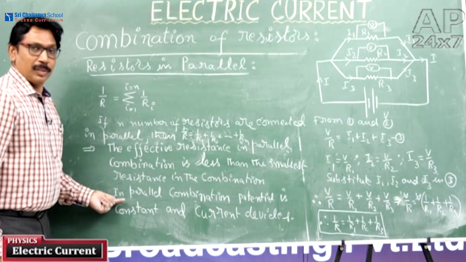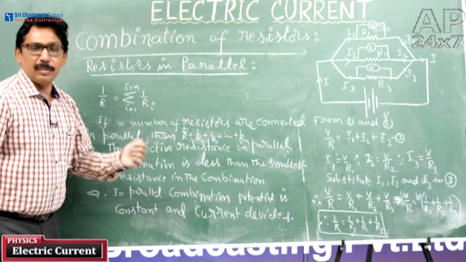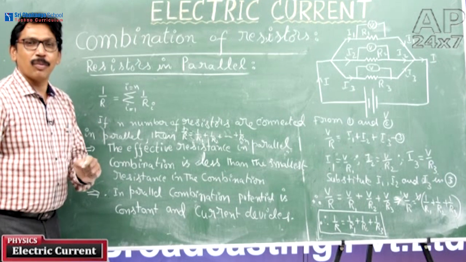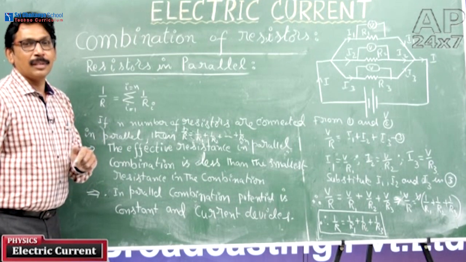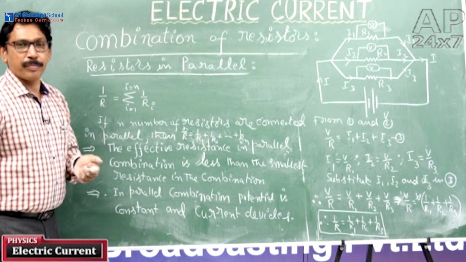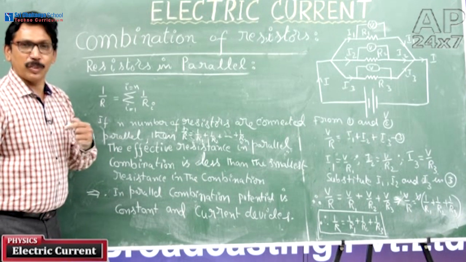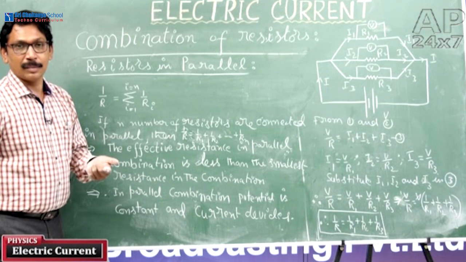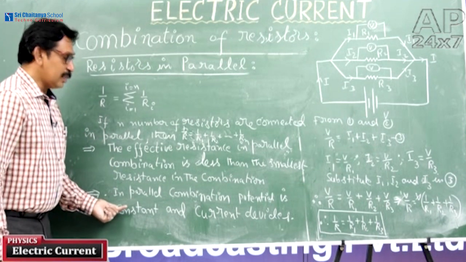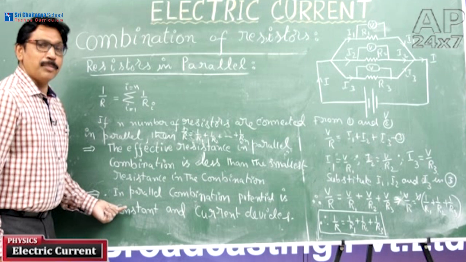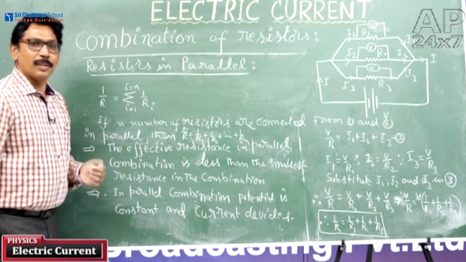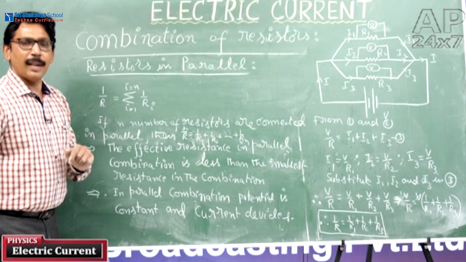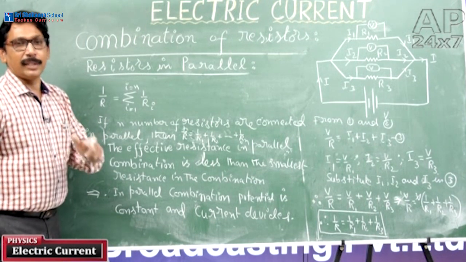Point number 2: in a parallel combination, potential, or simply voltage, remains the same. That means it will not change, but current divides. Once again, in a parallel combination of resistors, potential or voltage remains constant and current divides.